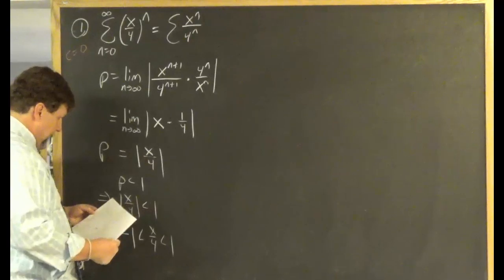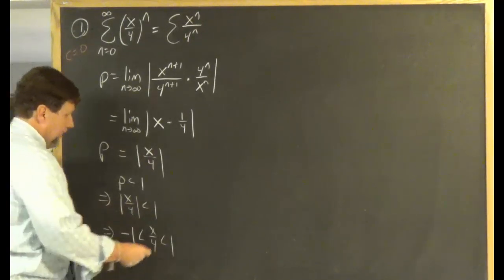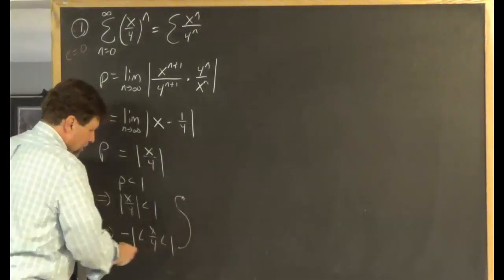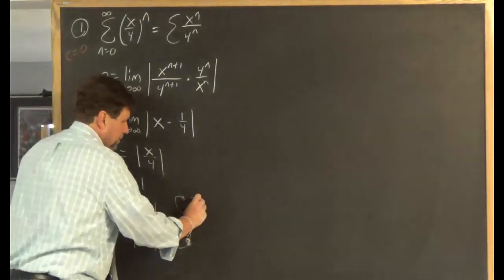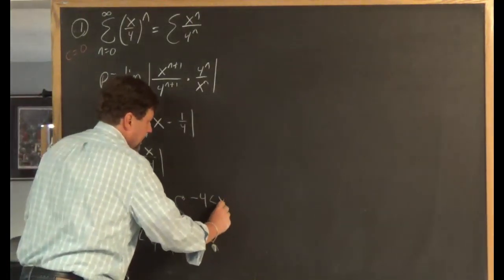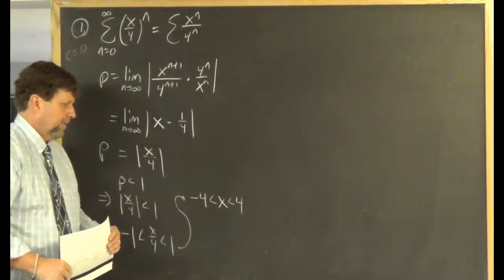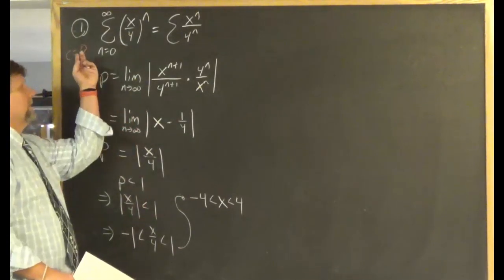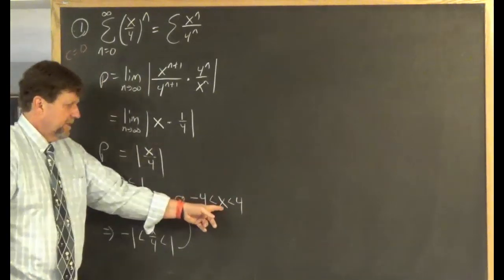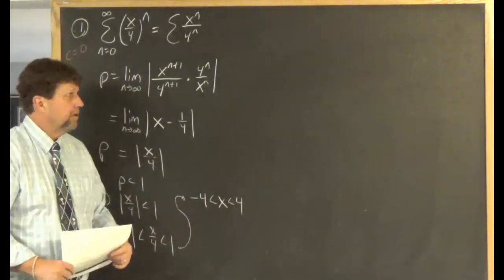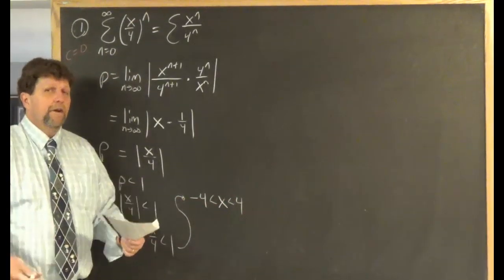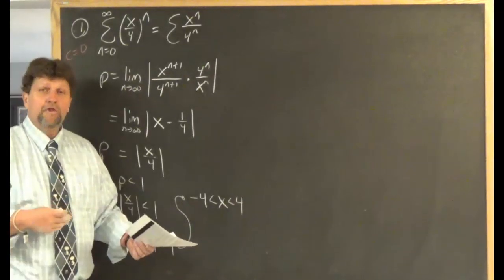Multiply everything by 4, you get negative 4 is less than x is less than 4. And quick check, we said it was centered at 0. 0 is the center of that interval. So we don't know the interval of convergence yet. We have to go check the endpoints.